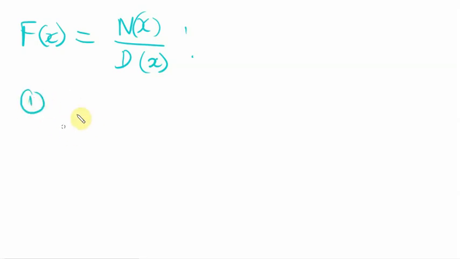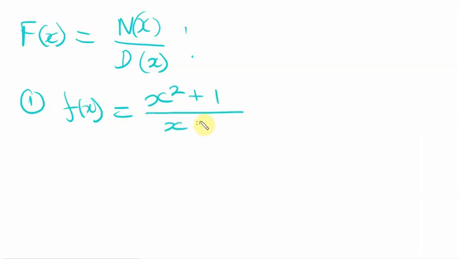Example 1, let's call it f of x, where the numerator's degree is higher than the denominator's. Say x squared plus 1 divided by x plus 2.